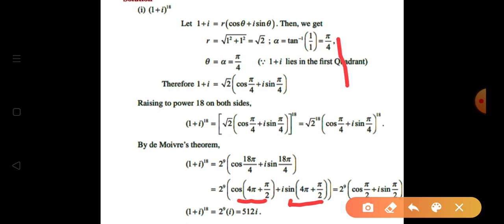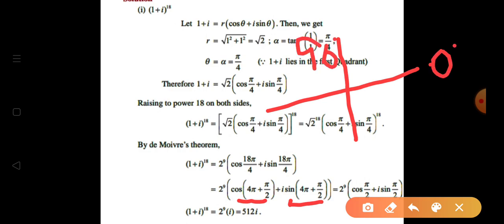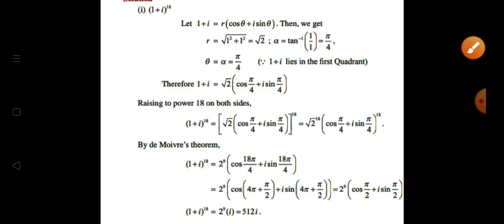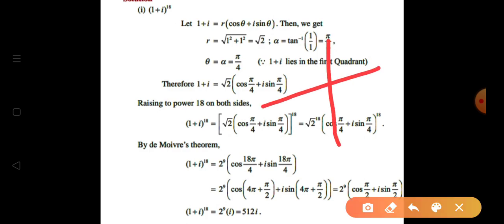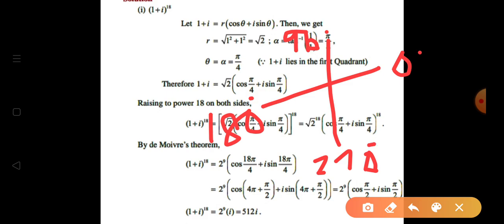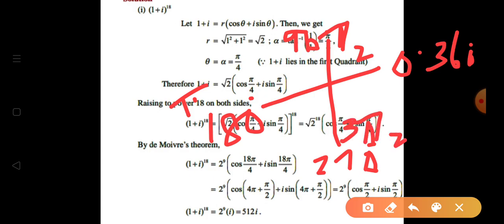Once again listen, we divide into 4 quadrants. Here start 0 degree, 90 degree, 180 degree, 270 degree, 360 degree. Otherwise we say 0, pi by 2, pi, 3 pi by 2, 2 pi.